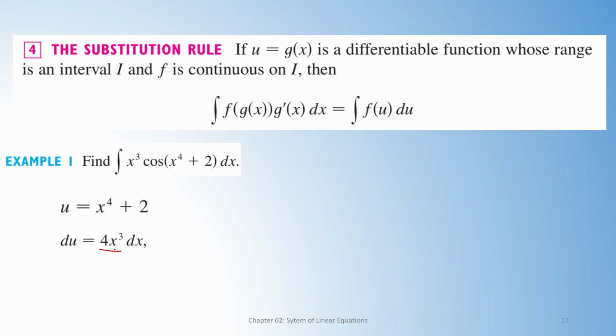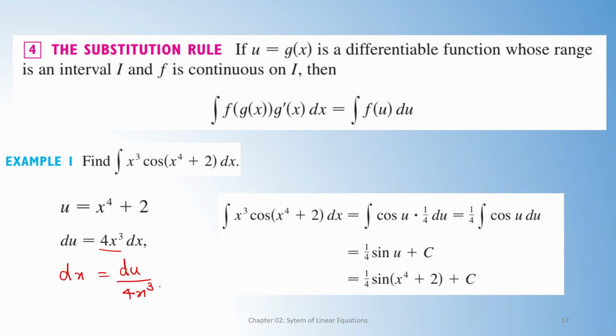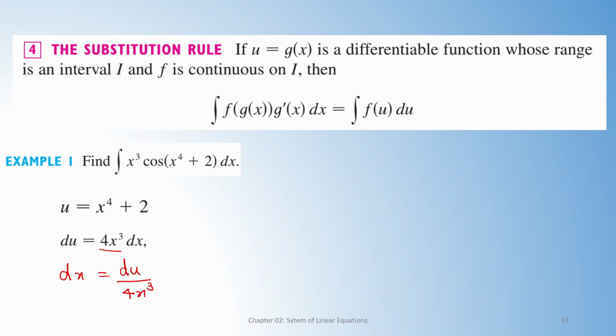So du is equal to 4x cubed dx. From there you get dx is equal to du over 4x cubed. Then you have the integration I of x cubed cos of x to the power 4 plus 2 dx. We substitute: x cubed remains as it is, cos of x to the power 4 plus 2 is u.